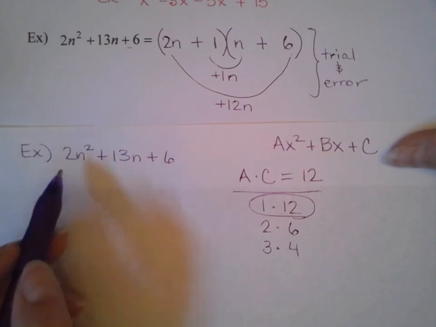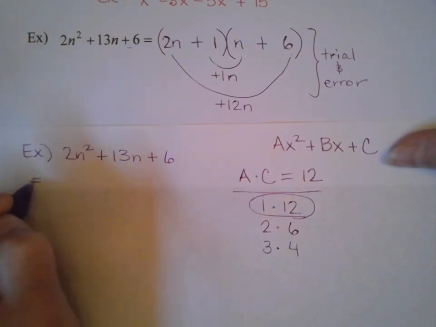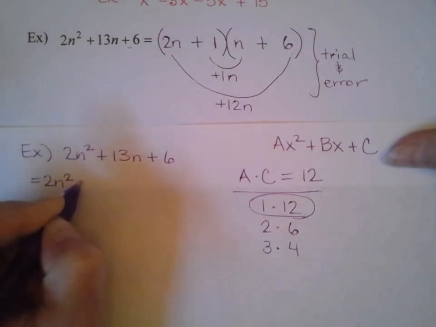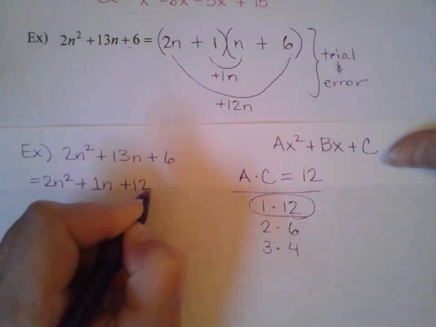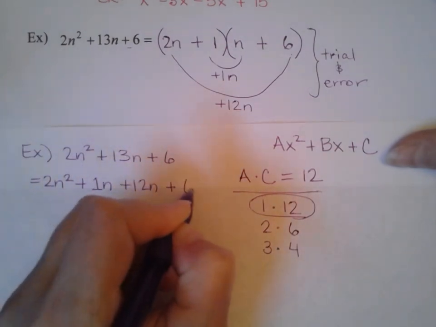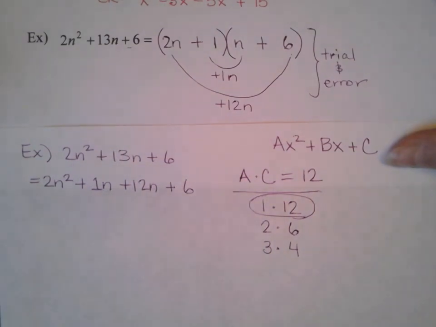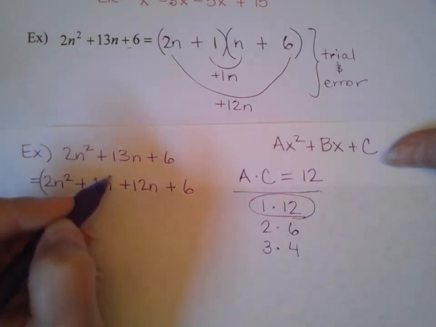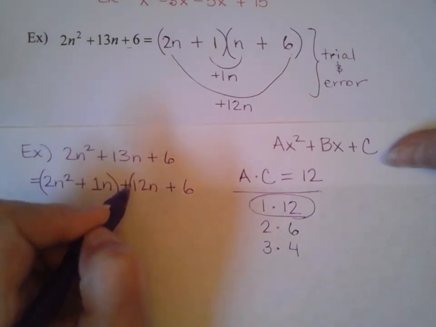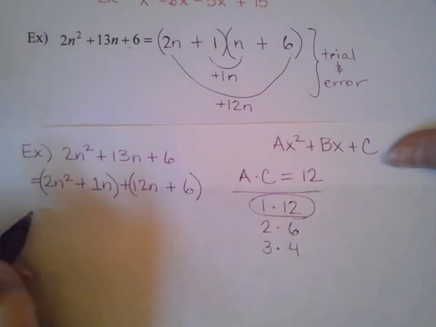And then I want to rewrite this as 2n squared plus 1n plus 12n plus 6. And then now that I've broken that up, I have 4 terms and I can factor by grouping. So because I have a plus in the middle, I'm going to be a little lazy and just throw on my parentheses.